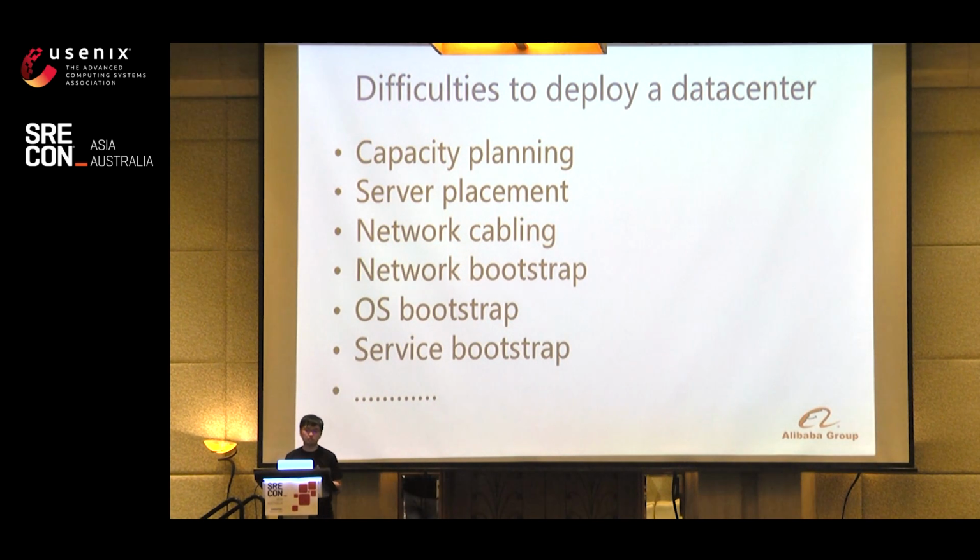Then we need to think about how to place the servers, because we have different kinds of machines, like Intel-based machines and also ARM-based machines. And then we need to think about how to cable the networks, how to bootstrap the network, and then initialize all the operating systems. And finally, we came to the software service bootstrap.